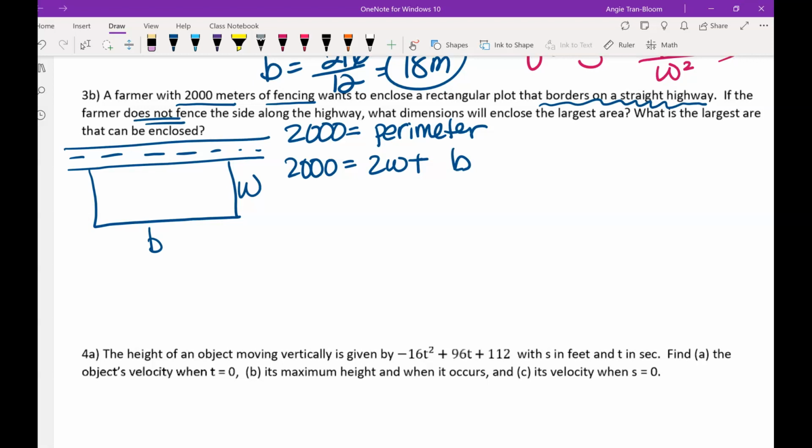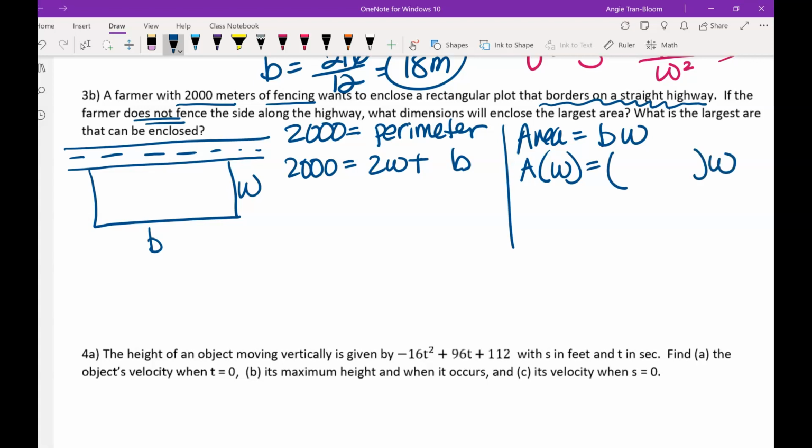What dimensions will enclose the largest area? So we are going to do area equals base times width. I'm going to write it with respect to W. So I'm going to replace my base and keep my W. So over here, I'm going to solve for base by moving 2W over.